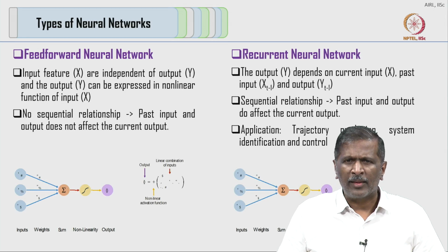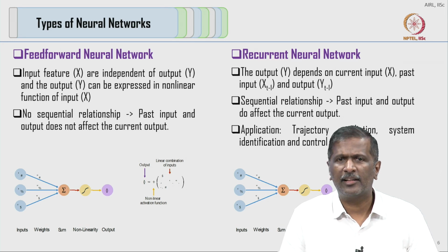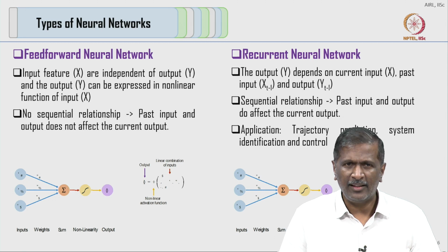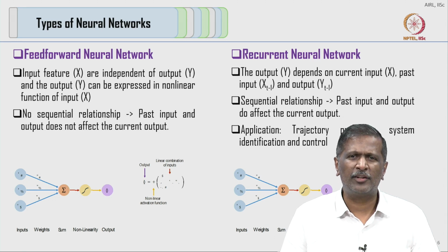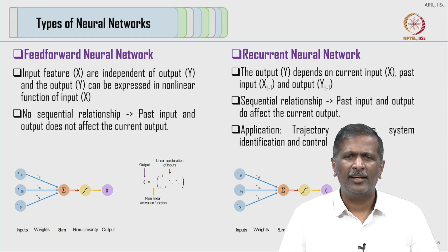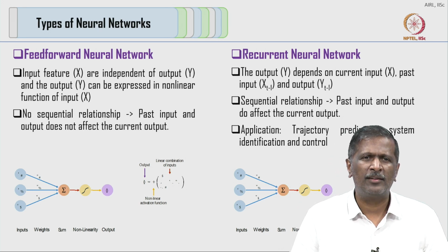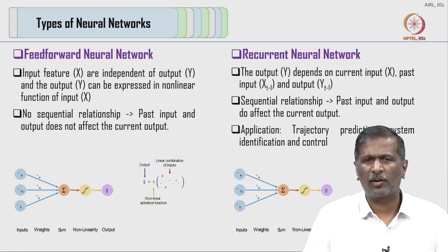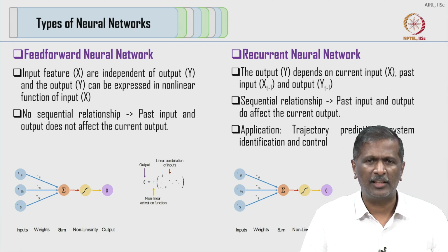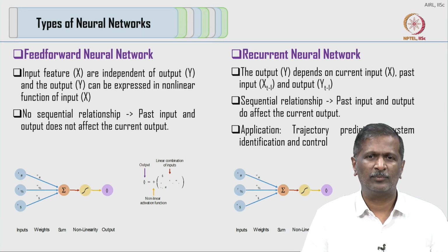Now let us try to understand the difference between a feed-forward neural network and a recurrent neural network. Foundation of shallow neural networks, when we talked about the basic multi-layer perceptron, radial basis functions and all this, all of them are called feed-forward neural networks, where input goes from one layer to the next layer.